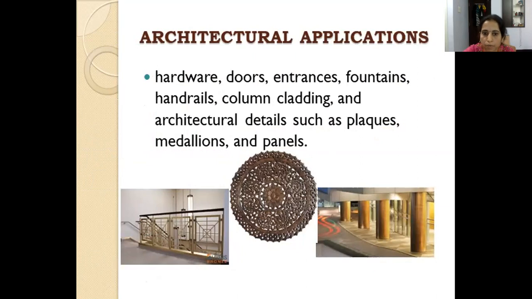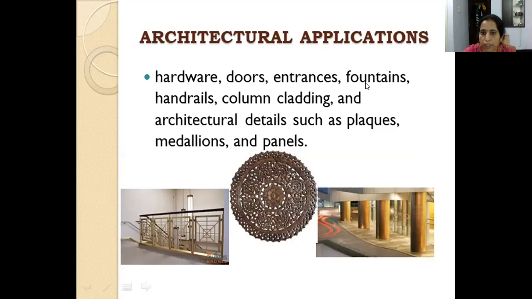Since they have a good appearance, anti-corrosive properties, and are malleable and ductile, they are used in the hardware of doors, windows, wardrobes, cupboards, etc. Hardware means the handles, the knobs, the bolts, and the hinges. Even bronze is used for the hardware of door entrances.